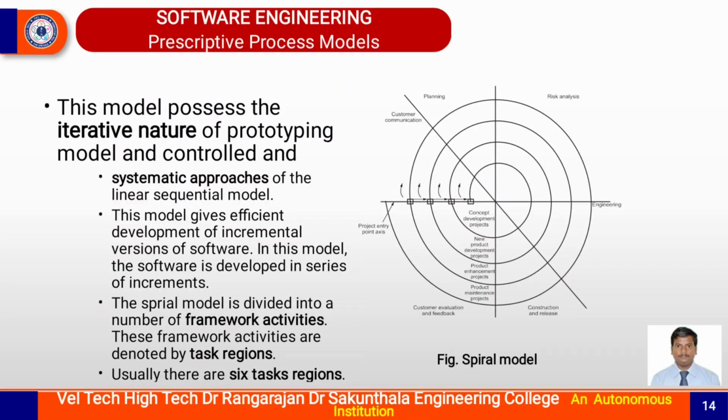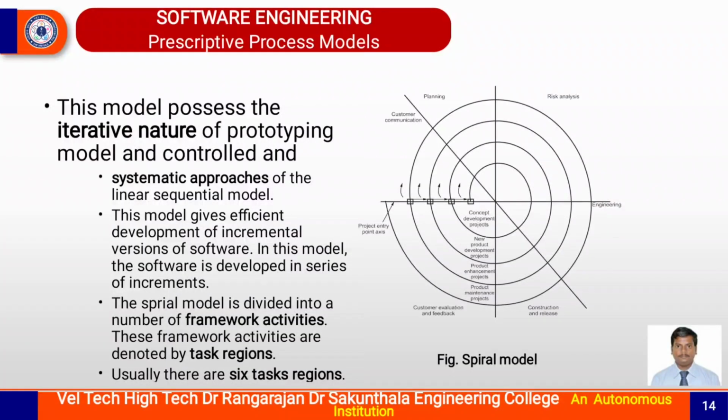This model has the iterative nature of the prototype model, as well as the controlled and systematic approach of the linear sequential model. It is divided into a number of framework activities, and these framework activities are denoted by task regions.